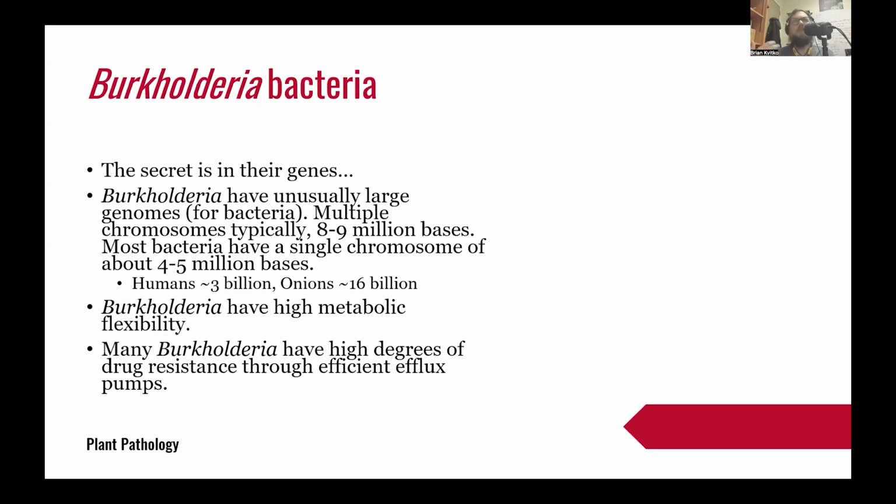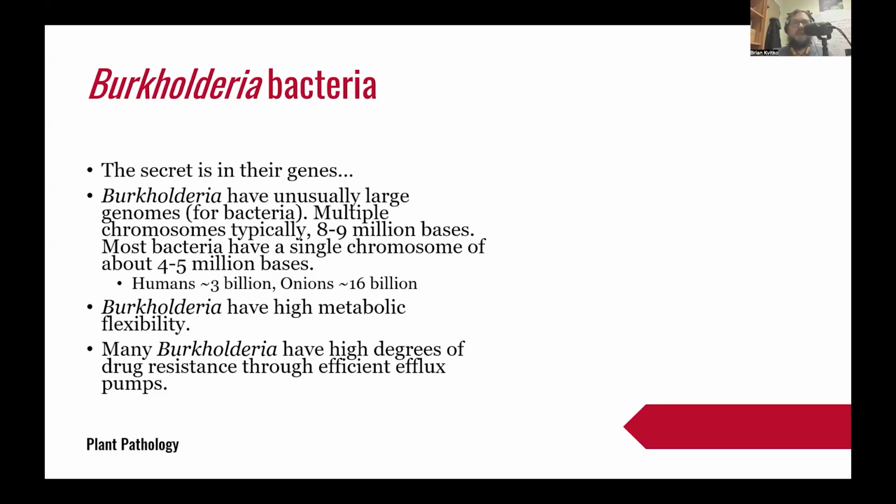Usually, a bacteria will only have one chromosome and about 4 to 5 million bases. So pretty chunky on the genetic side. Just for comparison, though, even though it's big for bacteria, it's still very, very small compared to you, for instance. You have 3 billion bases. But just so you don't get too much of an inflated head, onions actually have 16 billion bases. So onions have humans beat in terms of the size of their genomes as well.